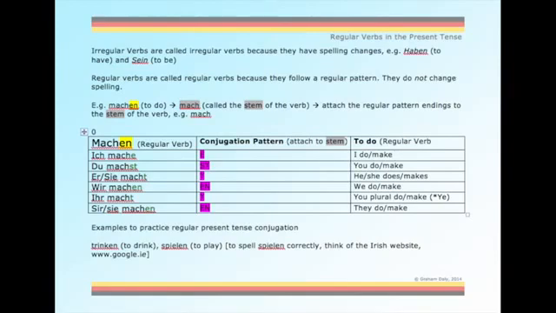Now, I'll help you to start with this one. You put your finger over the en and you're left with trink, which is the stem of the verb. Alternatively, you could just put an X through en because we don't need it. Now I'll give you a minute to write out the list and we'll go through it to see if you were correct.